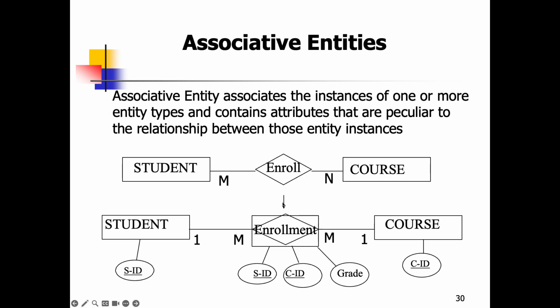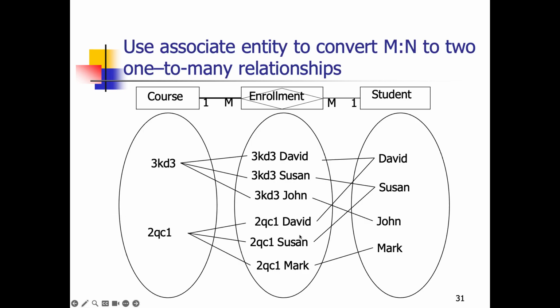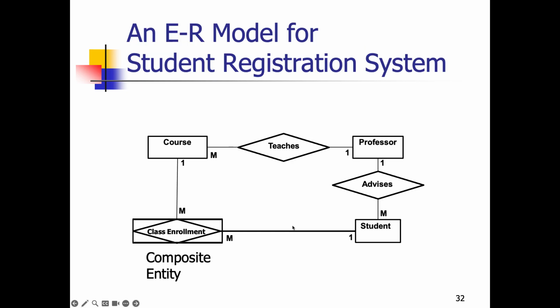Now when you add this enrollment as an associative entity, then you can say, okay, so we have 3KD3 and David. So this is a course code and this is the name of the student. And this is what you will see in the enrollment table. So in the enrollment table, you will at least have these two IDs as foreign keys here.